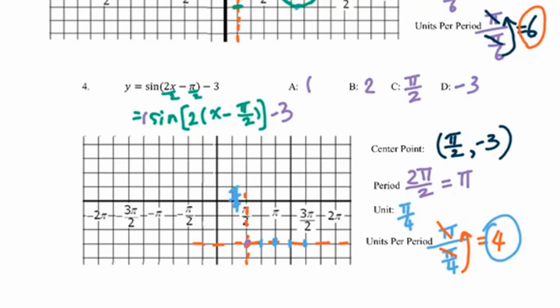A equals 1, so go up 1, down 1. For sine x, the pattern will be this. So get the 1, 2, 3, 4, 5 points. Get started from center. 1, 2, 3, 4, 5. So sketch the graph like this. This is the graph for one period.